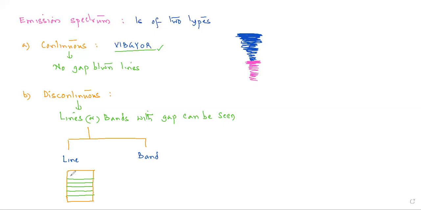Of course, here I cannot show you dark areas, but you can see the lines with the gaps in between, right? This line spectrum is given by atoms. So line spectrum is also known as atomic spectrum.